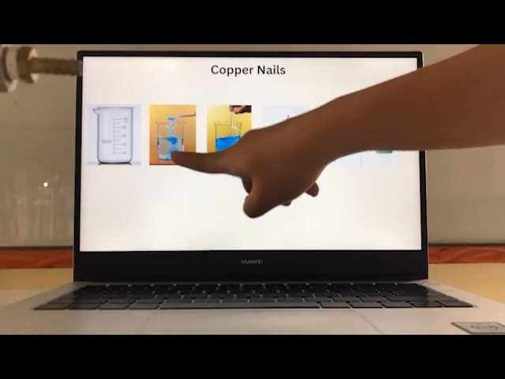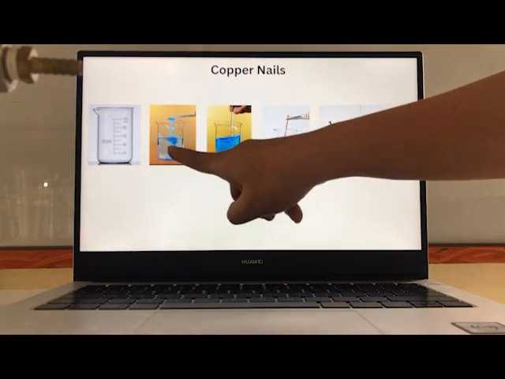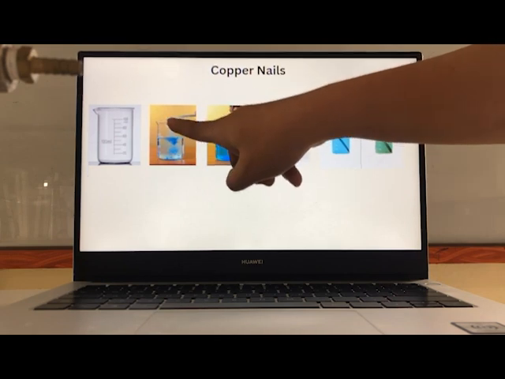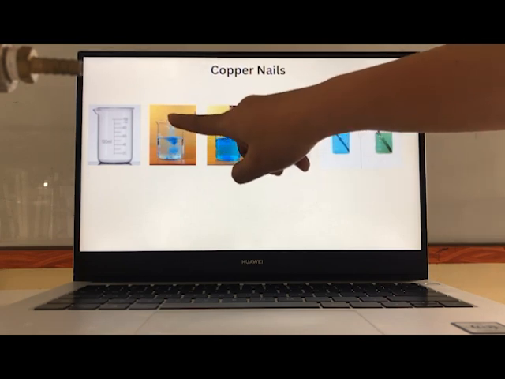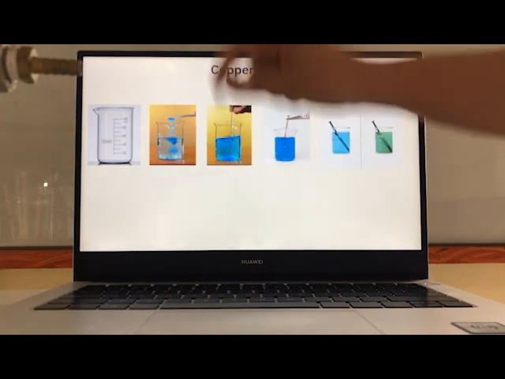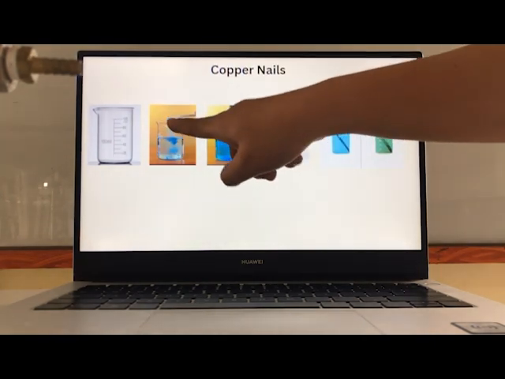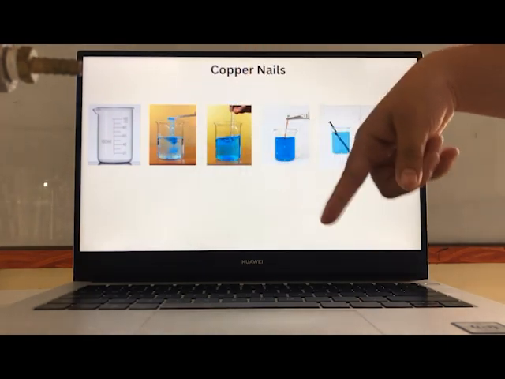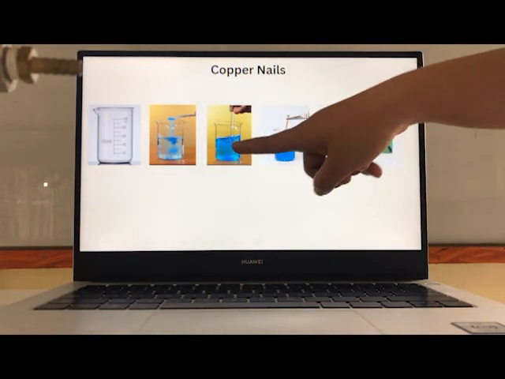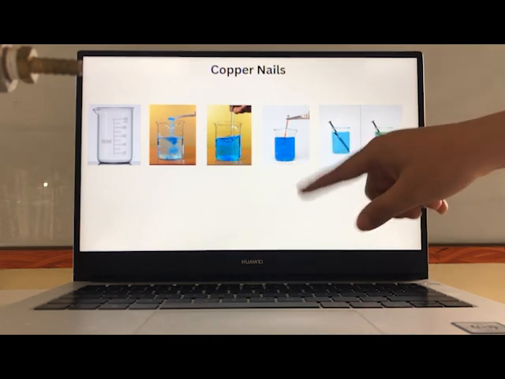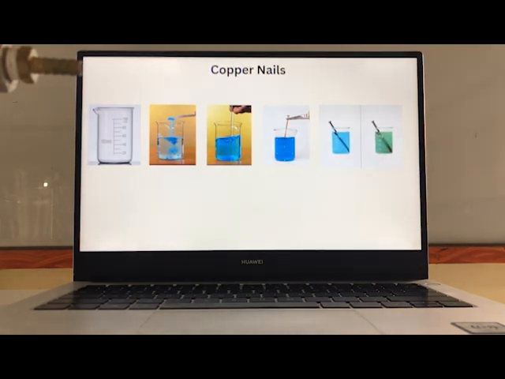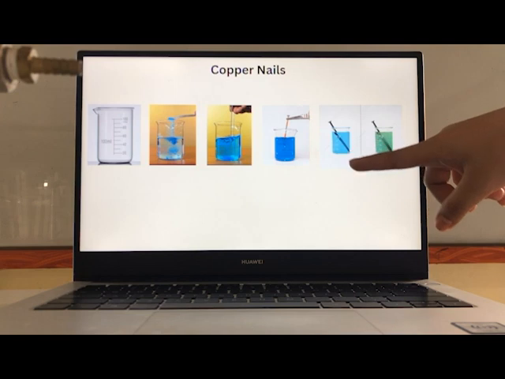As you can see, the pure substance is here and the impure substance is here. The reagent is copper sulfate, which is blue. If you mix it with a spatula or something, it becomes blue. Next, put the nail as in the instruction. You really have to put in the nails. Next is observe.